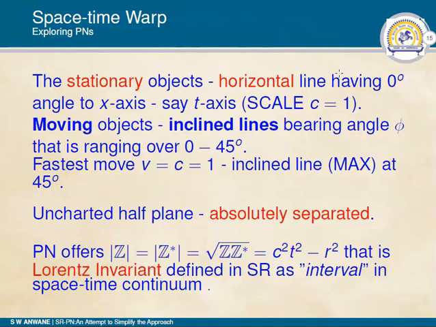The moving objects are inclined lines bearing some angle that ranges over 0 to 45 degrees. For the fastest move possible, for photons or electromagnetic radiation, we have v equal to c equal to 1, which is represented by an inclined line that makes a 45 degree angle with the x-axis.